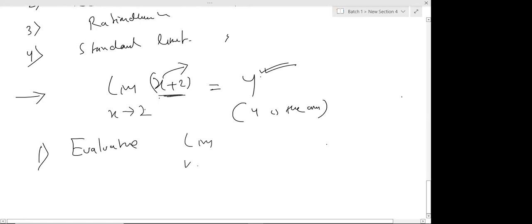Evaluate the limit as x tends to 1 of 3x squared plus 4x plus 5.